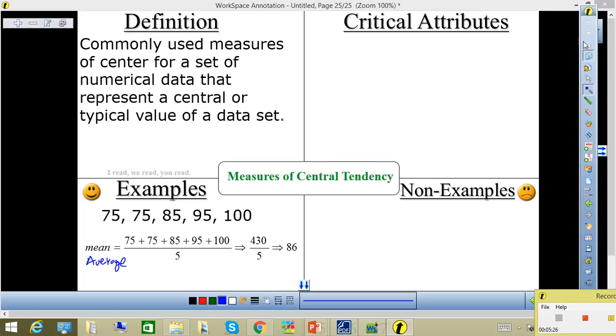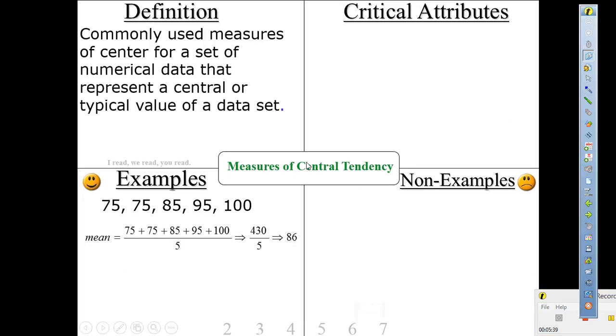All right? So, the second measure of central tendency is this next one, median. Now, the median of a data set is found by organizing the data from least to greatest. And what word does median remind you of? Middle.